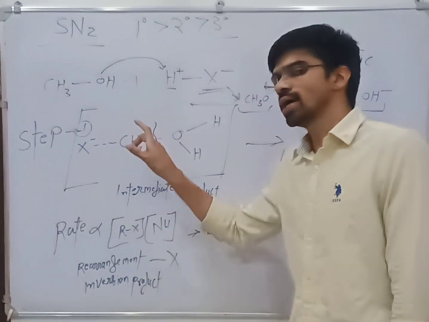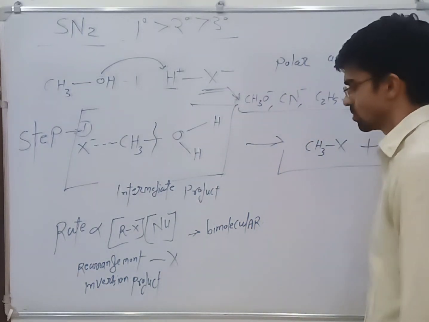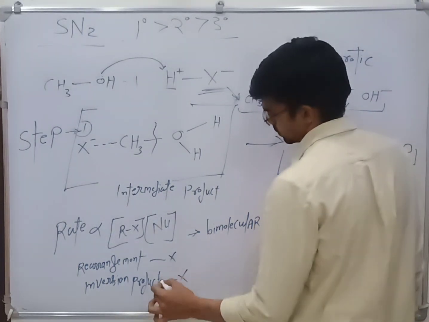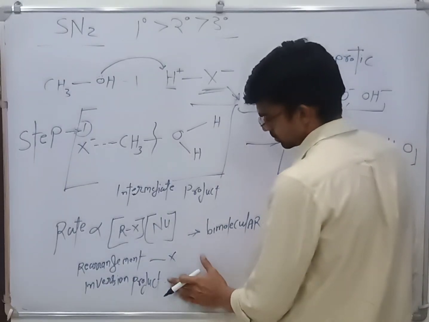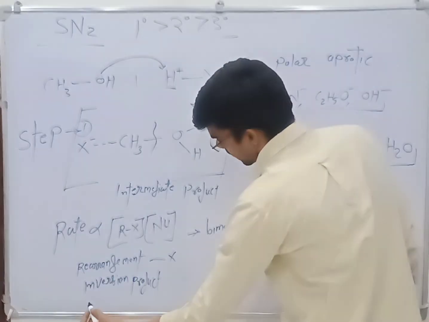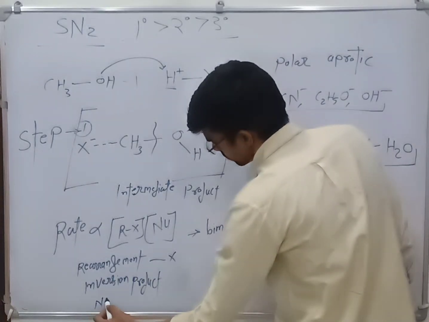That is why it is called the inversion product. It always forms an inversion product. In this kind of reaction, carbocation does not form. No carbocation forms.